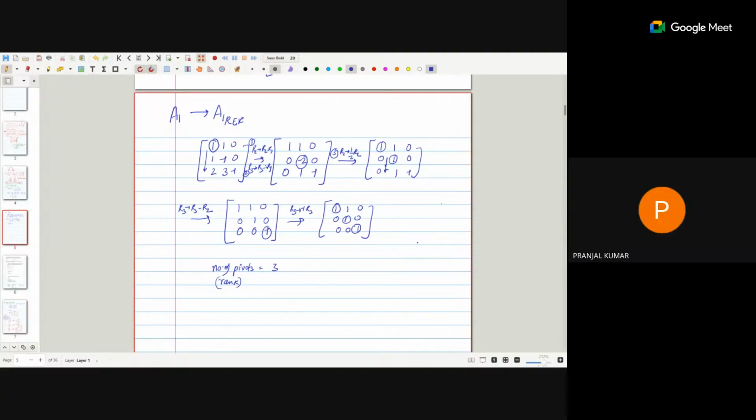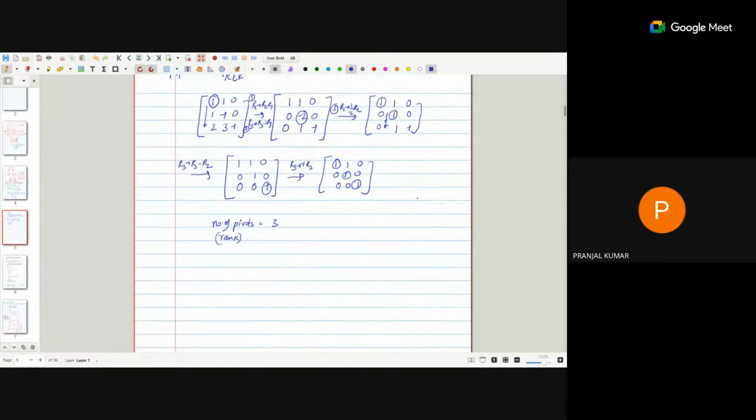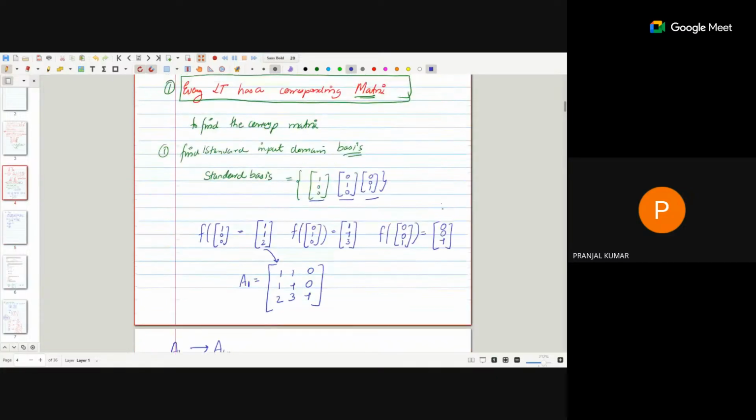So number of pivots is equal to 3, that is rank. So we have answered the first question: the rank of your linear transformation is 3. Now what is nullity? 0. Nullity, or number of free variables, is equal to 0. So we have answered the second question.